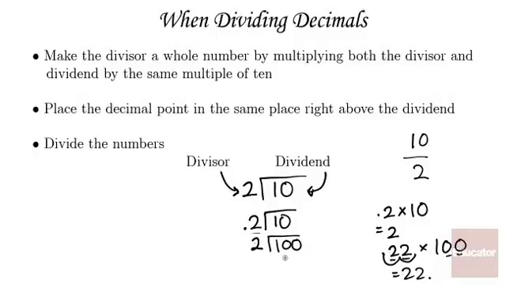When you find the answer for this, it's still going to be the same answer as if you were dividing the original. That's the rule, though. You have to make sure that the divisor becomes a whole number. Place a decimal point in the same place right above the dividend. We don't see a decimal point because it's a whole number.